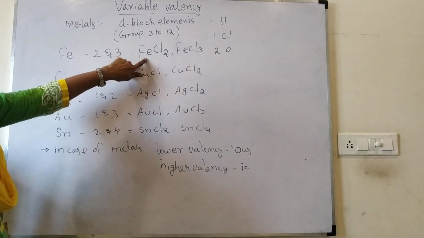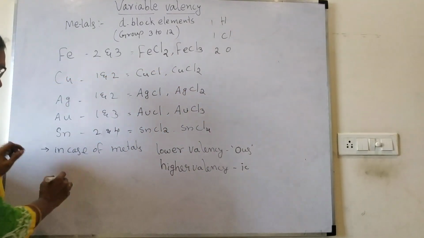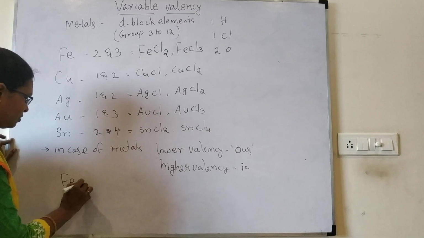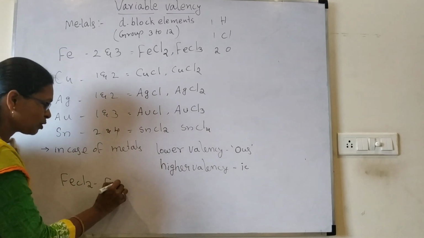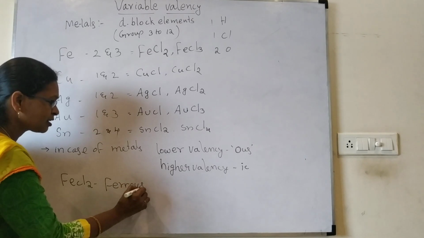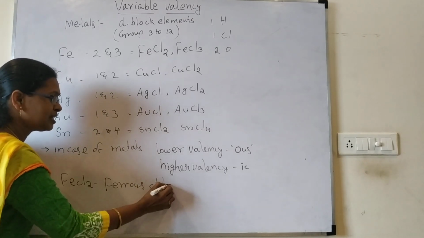For example, you take here FeCl2. The name of the compound we will write here as FeCl2, ferrous chloride, which is the lower valency here.